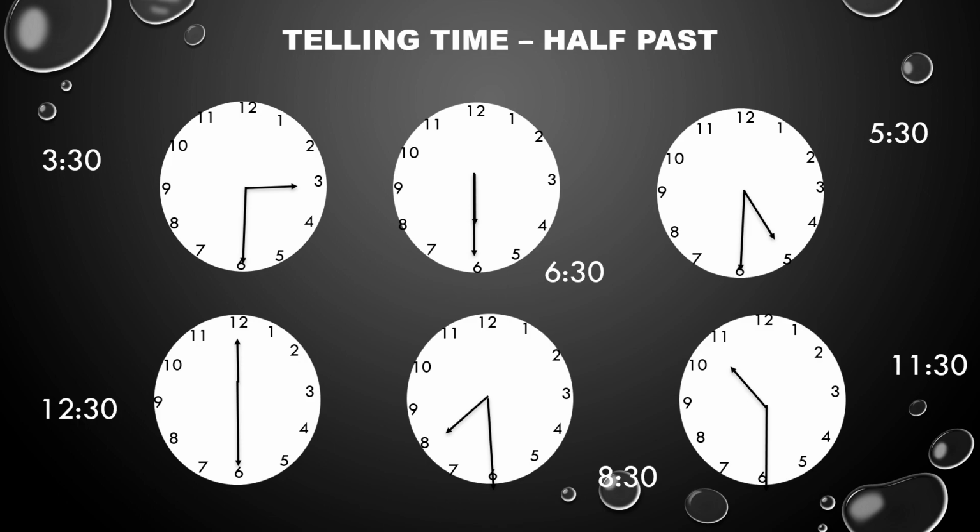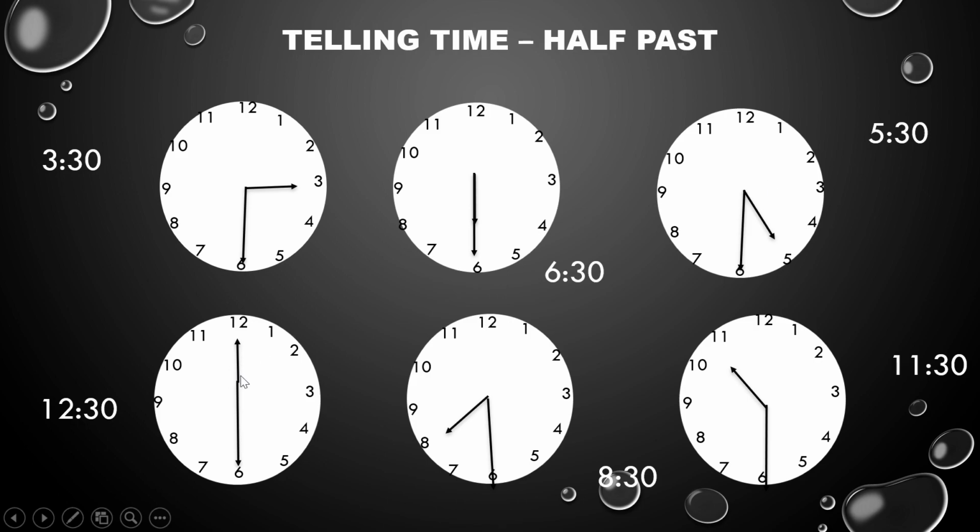Telling time, half past. What time is this? 3:30. It is also known as half past 3. What about this? 6:30. It is also called half past 6. What about this? 5:30. It is also called half past 5.